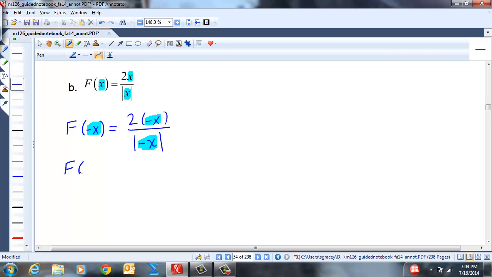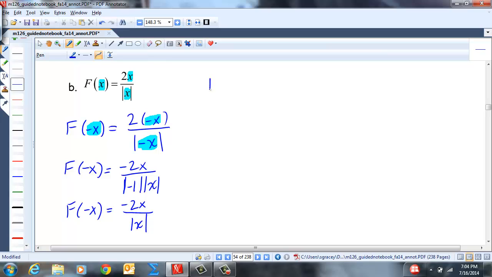So capital F at negative x is equal to negative 2x over the absolute value of negative 1 times absolute x. Recall that if you have a product or a quotient within an absolute value, you can split it, but not a sum or difference. So capital F at negative x is negative 2x over the absolute value of negative 1, which is 1, and so we'll get negative 2x over absolute x.